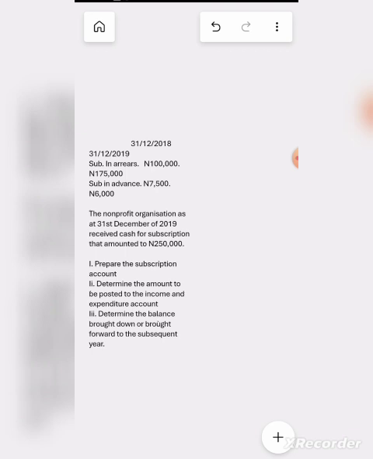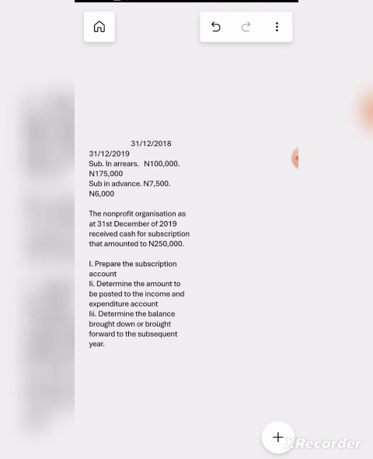We have three sub-questions that we are going to attempt. First, we are going to prepare a subscription account. Number two, we're going to determine the amount to be posted to the income and expenditure account. And number three, we're going to determine the balance brought down or brought forward to the subsequent year.